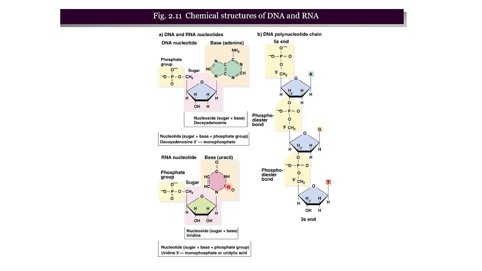So not having that 2' OH group is quite effective for the long-term storage of material within DNA more than RNA. Okay, and the other structural difference is that when there is an uracil in place of a thymine, it means it's RNA, not DNA.